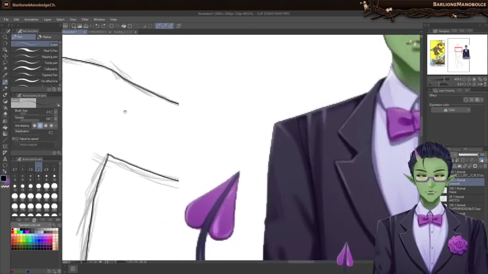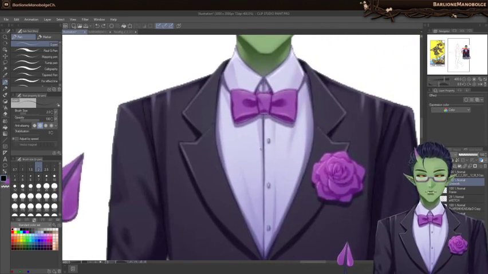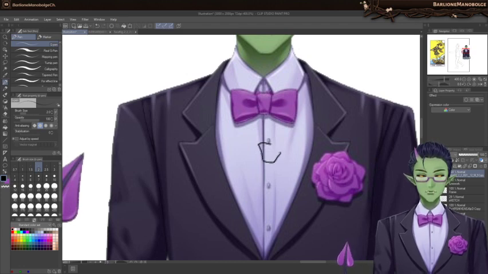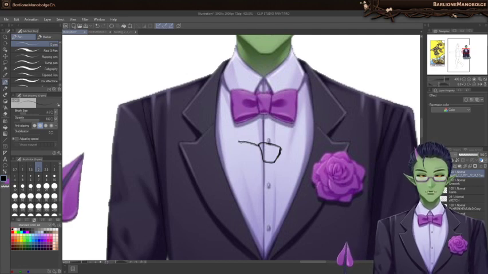Okay. Let me just draw one directly next to it and in the same style. Same perspective. Direct reference.